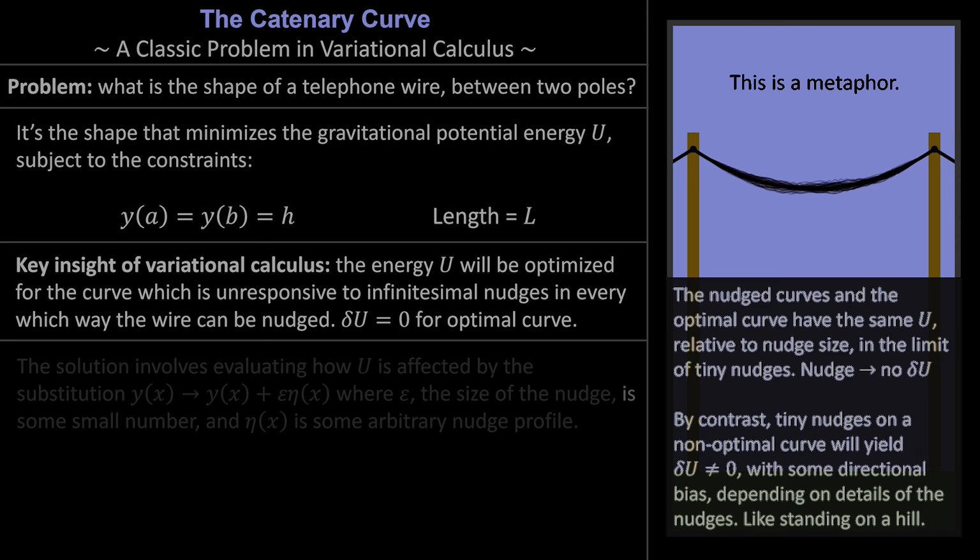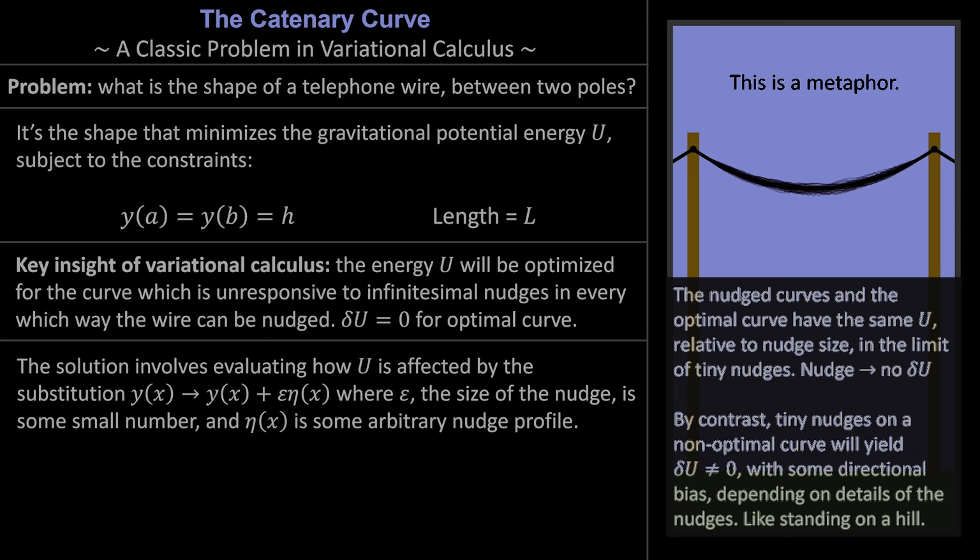And so anyway, to solve the problem, you calculate the gravitational potential energy as an integral over the curve subject to some constraints, and then you analyze that while adding to the curve some arbitrary nudge profile, some arbitrary function of x that vanishes to zero at the boundaries.